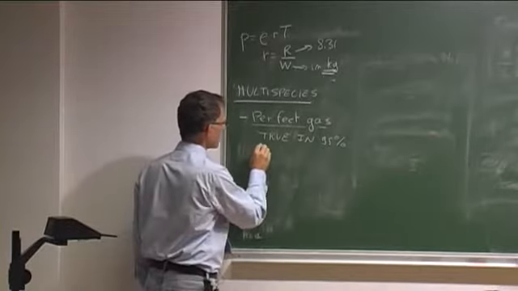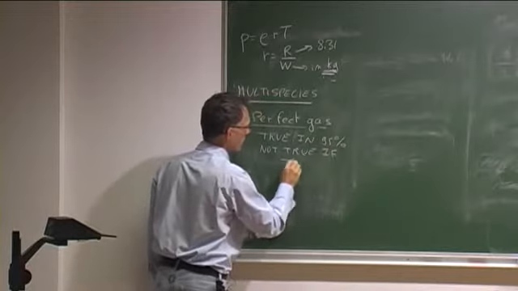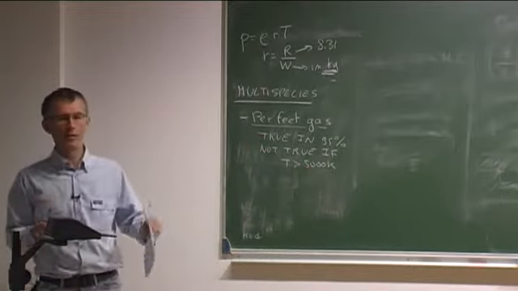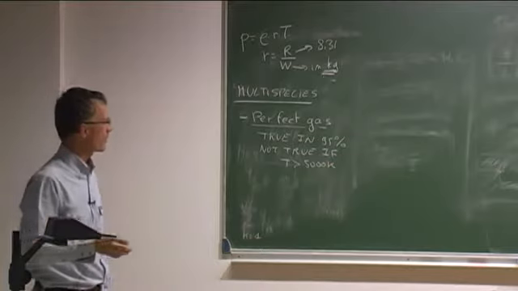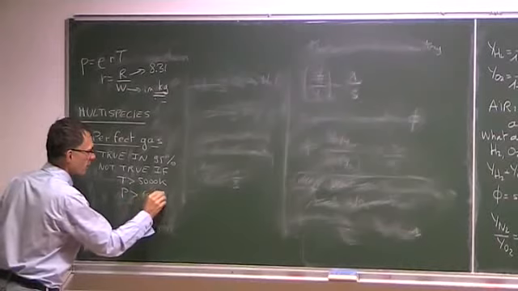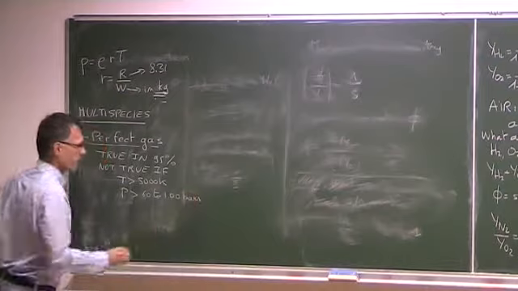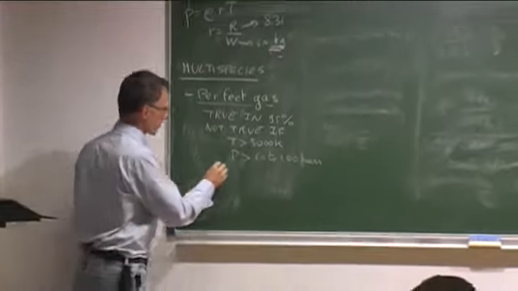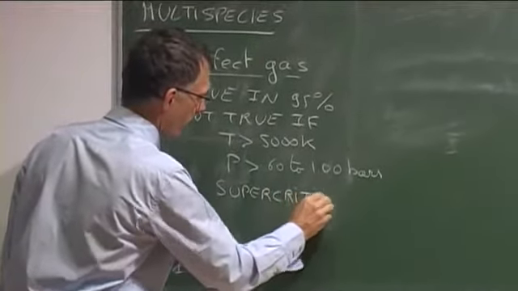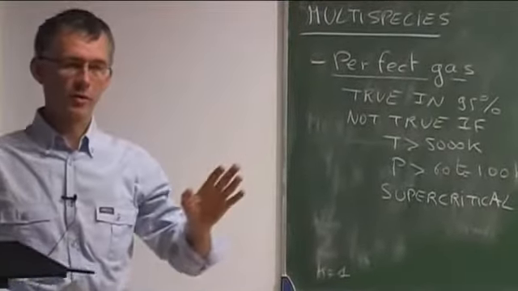Well, it is not true if temperature is very large, typically more than 5,000 K. Then you will go into more complex things I don't want to discuss here, typically plasmas, for example. And it's not true if the pressure is very large, typically 60 to 100 bars or more, because there we enter a regime which is called supercritical flows, where this equation is not true anymore. You need corrections to that.